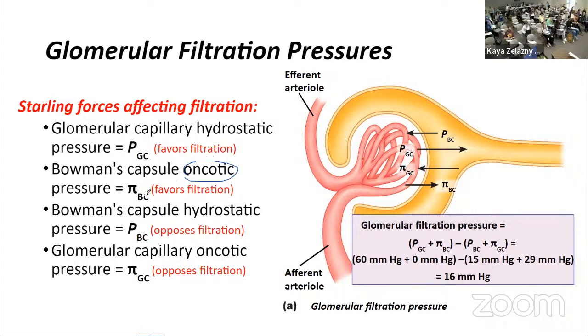Oncotic pressures are notated with our little pi symbol. This is telling us that we're thinking about the oncotic pressure of Bowman's capsule. So any proteins in this space would draw water towards them in order to space them out to try and reach equilibrium.